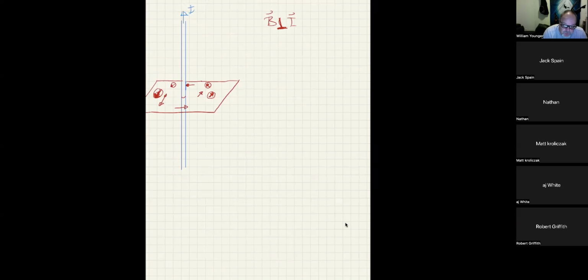So in fact, if I drew the magnetic field lines, I might draw them like, okay, let's say this is our wire again. Okay, let's do a current this way again.